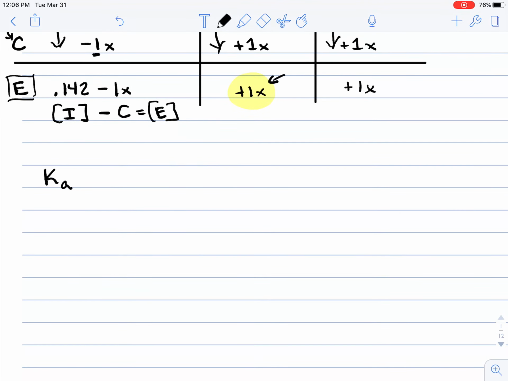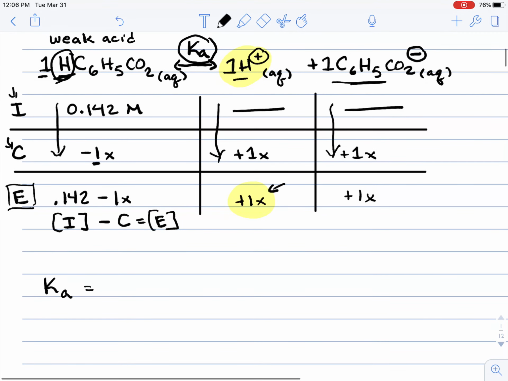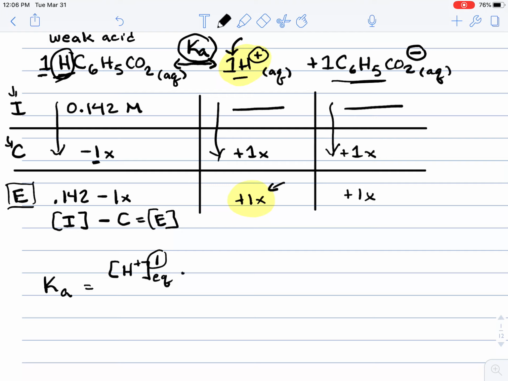And so Ka is going to equal the concentration of hydrogen ion at equilibrium raised to the first power. And we're raising it to the first power because that is the coefficient. And then we're going to multiply that by the concentration of benzoate, C6H5CO2 with a negative charge, raised to the first power.